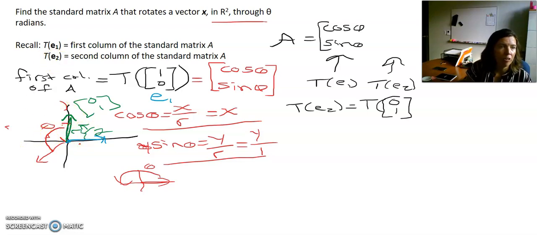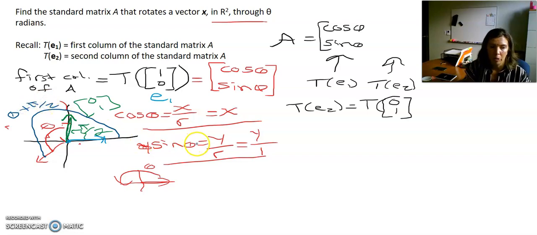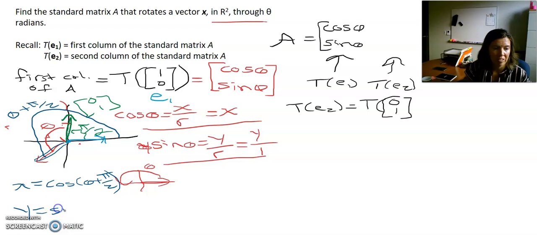So overall, that is very sloppy, but it is theta plus pi over 2 radians. So, for the terminal side here, we could say now that the x-coordinate is cosine of theta plus pi over 2 radians. And the y-coordinate is sine of theta plus pi over 2 radians.